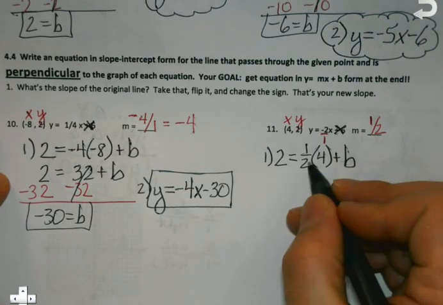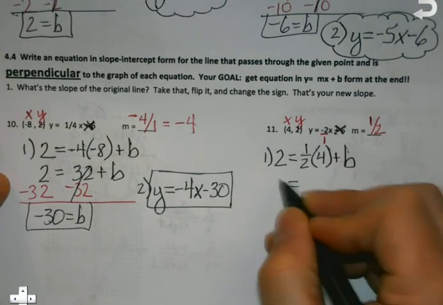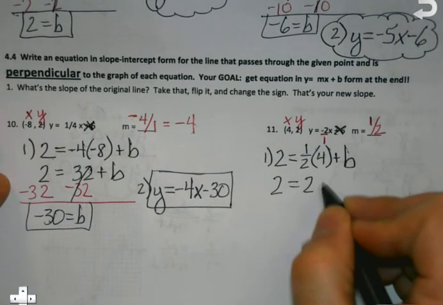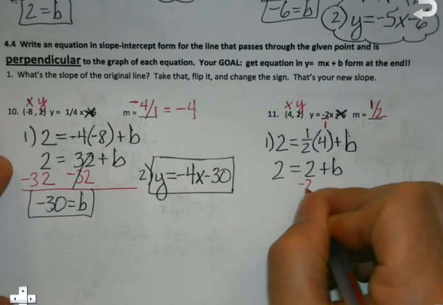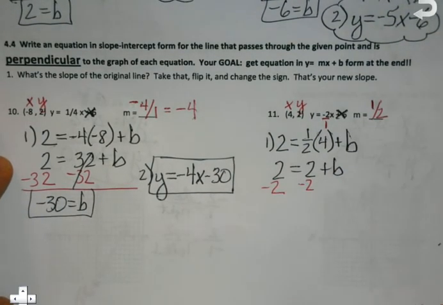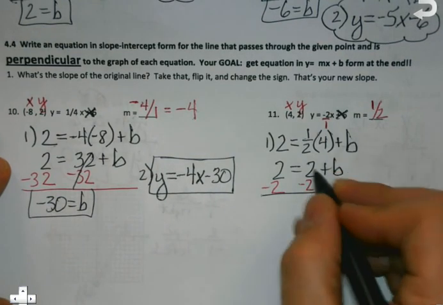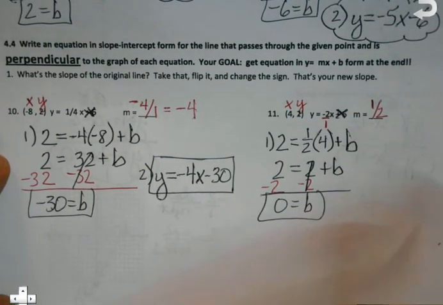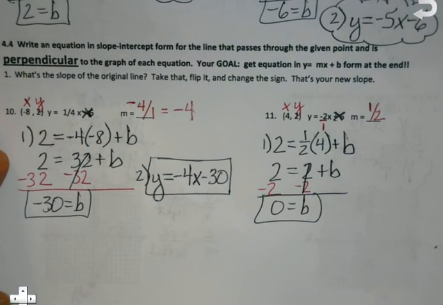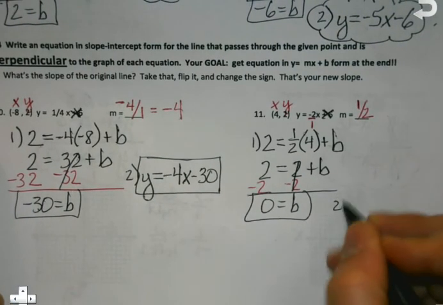So let's see here. What's half of 4? 2. Plus c. Don't let the fractions get you. B is going to equal 0. And again, just plug them in.